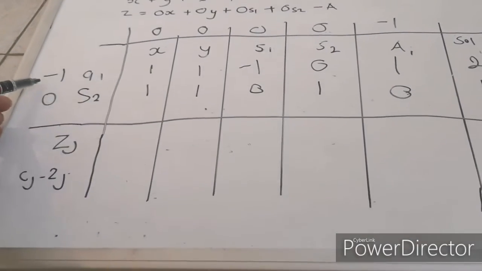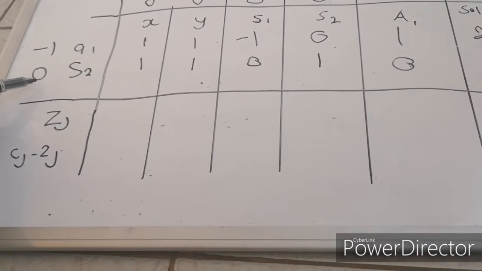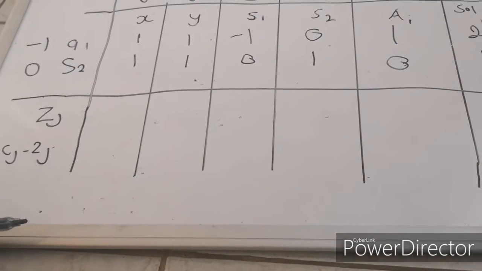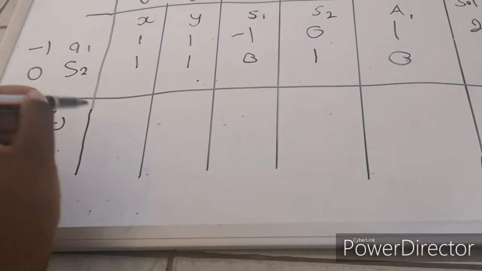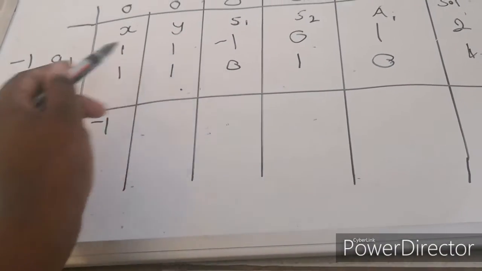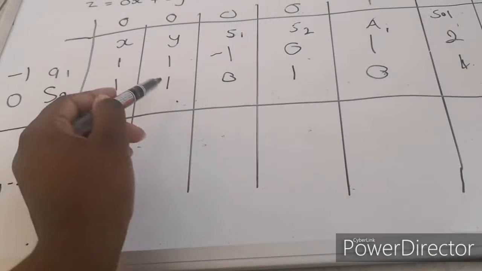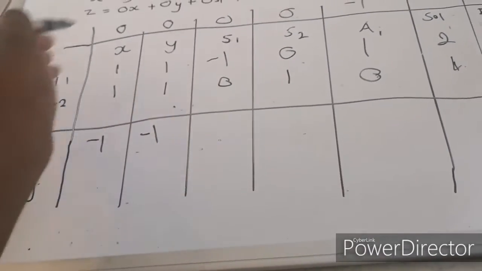So that would be -1 times 1 plus 0 times 1 for S1. That will give us a value of -1. Same applies here, where -1 times 1 plus 0 times 1. That will give us -1 as well.